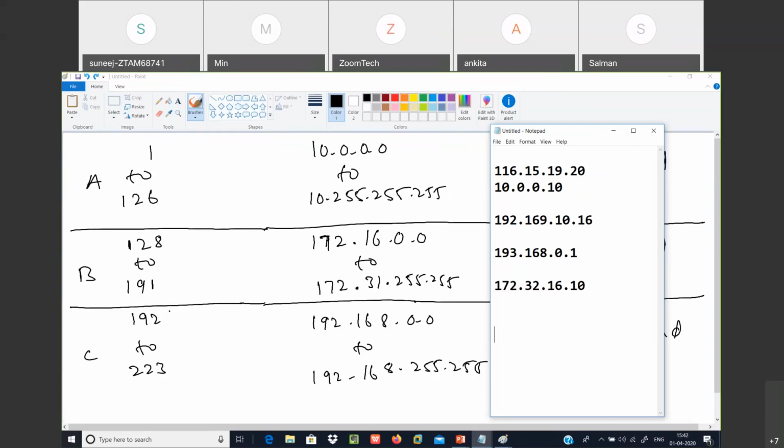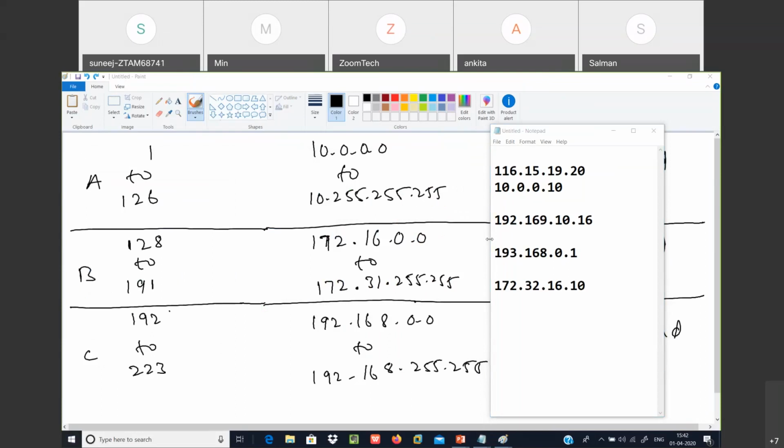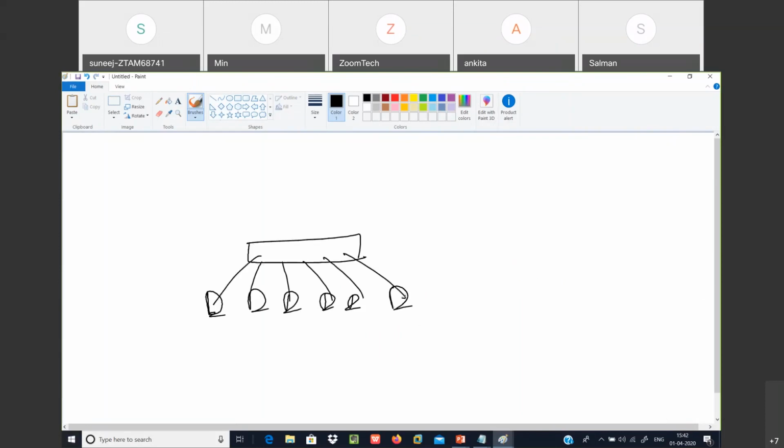See, the thing is, this is my office computers. One, two, three, four. A number of devices are connected. To enable communication for these devices, you can use A, B, C class IP addresses only.